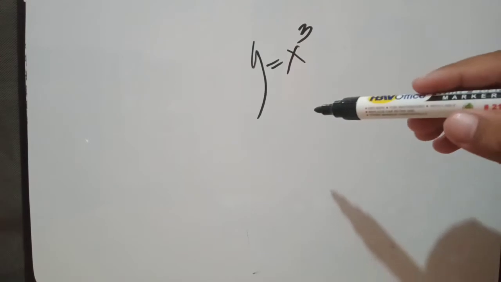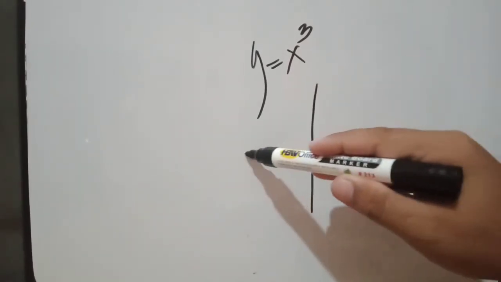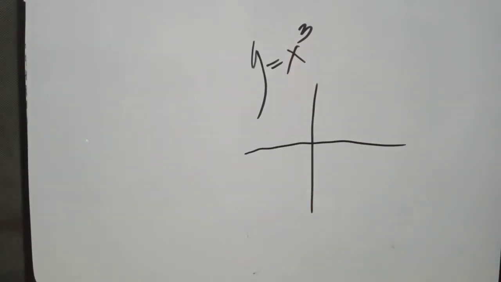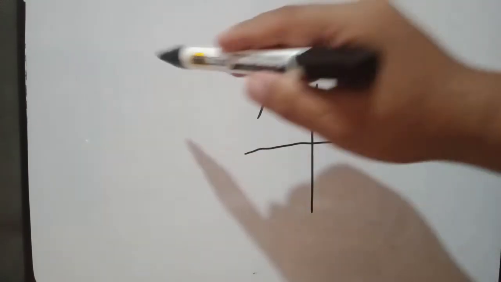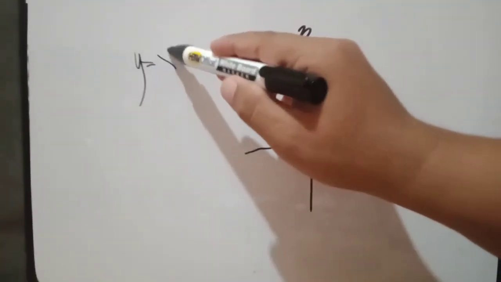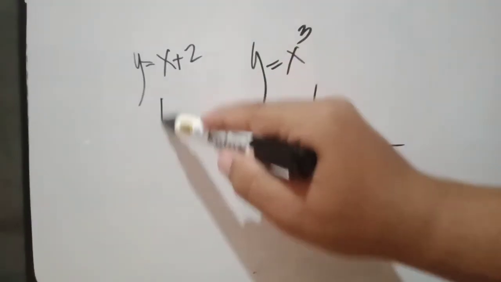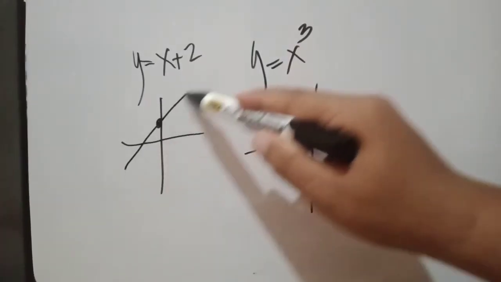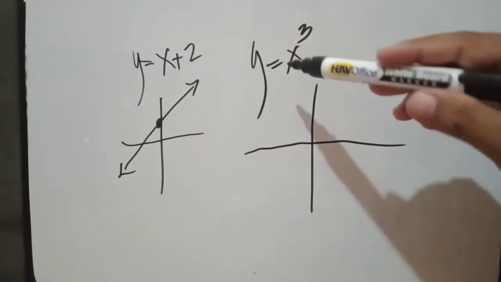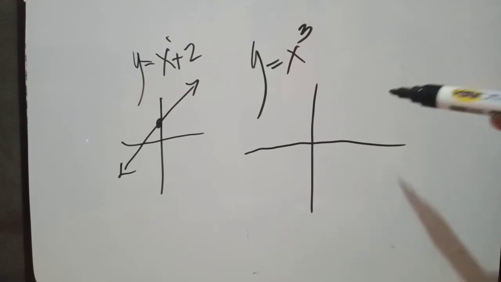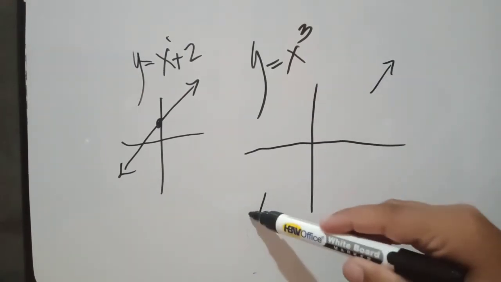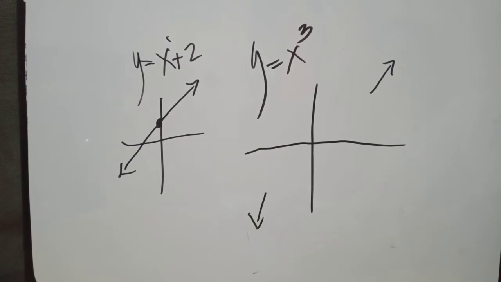First, if this is the graph, earlier, y equals x plus 2, the direction of the line is like this. So for x raised to the power of 3, there is a 1 for that, right? So possibly the end tail must be like this. The behavior of the line must be like this. So we identify the end tail.